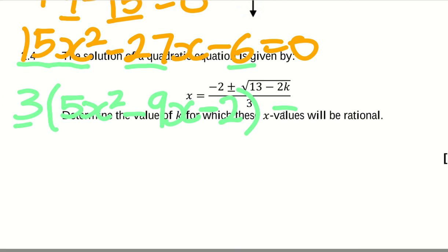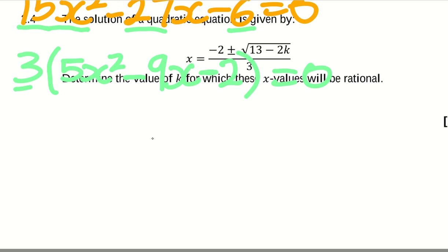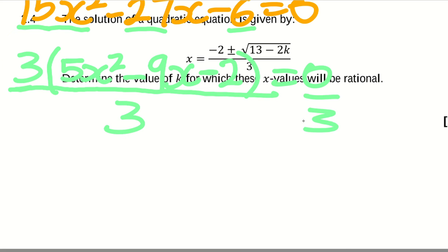Okay, then equals to 0. Yes, this process is very, very long. But remember, the main aim is just for us to find what x is here. Then after we find x, we substitute the x into one of the equations that we have. Then we find y. So the 3 in front here, I just want to remove it. To remove it, I am going to divide by 3 on both sides of the equal sign. This way, 3 will cancel 3 here.